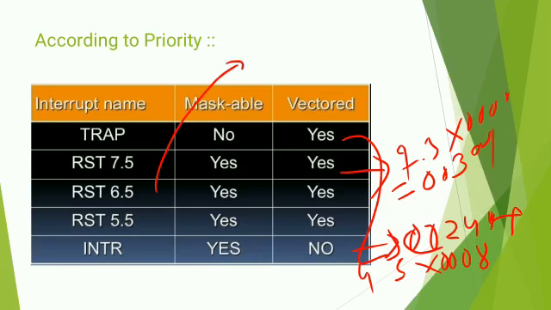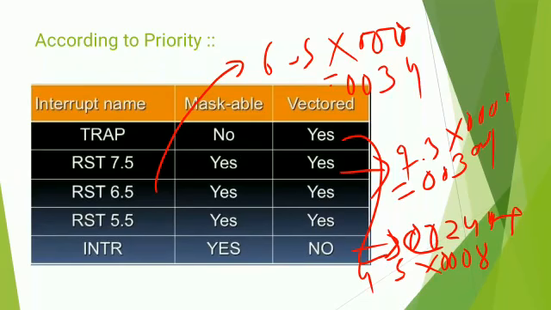RST 6.5 is multiplied by 0008H, we will get 0034H.